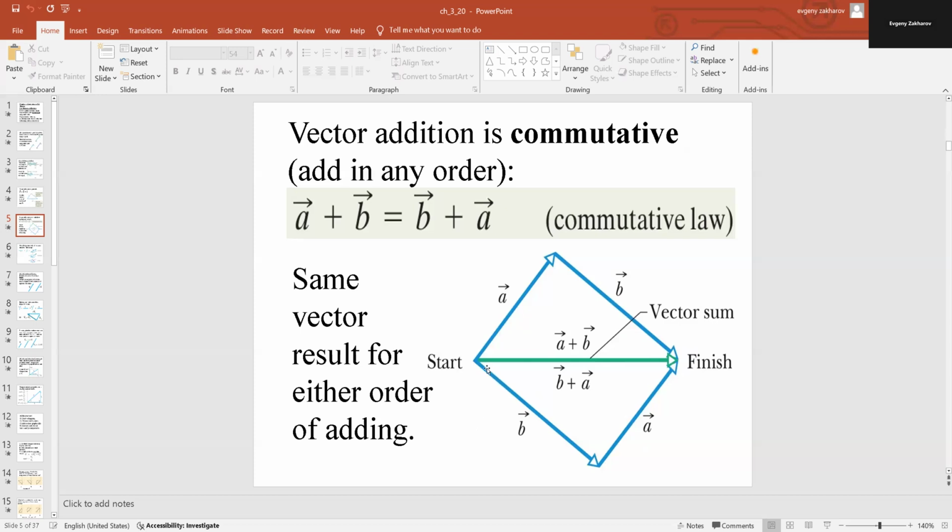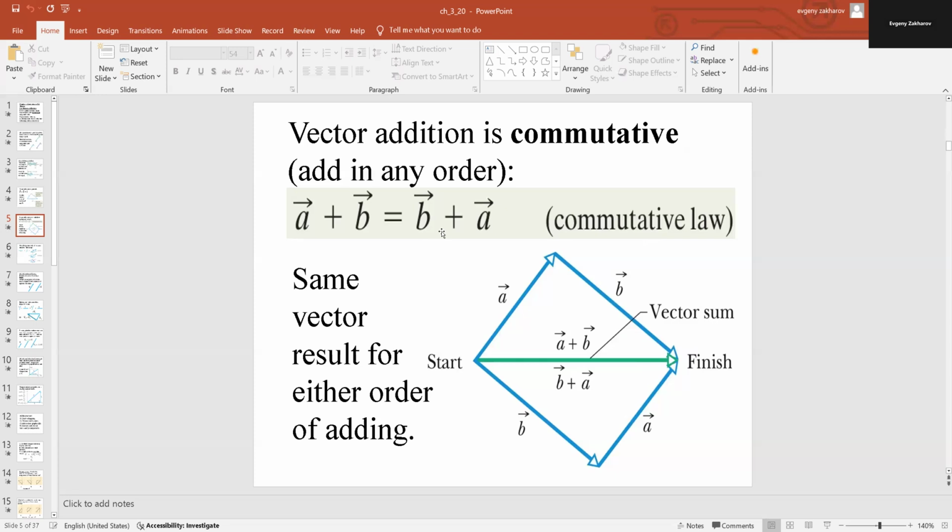Good news, it doesn't matter whether you go A plus B or B plus A. You can go A plus B, and this is your diagonal, or you can go B plus A and still get the same diagonal. This is what we call the commutative law. So for vector addition, you can flip-flop things around.